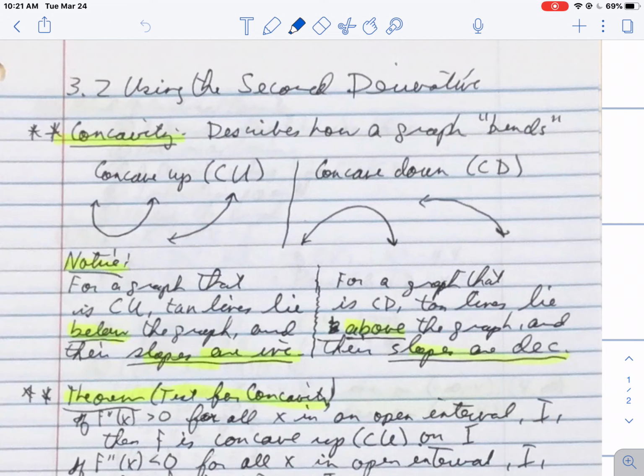Also, make another note. If we want a more graphical observation, relating it to what the derivative tells us, look at the tangent lines to your curve.